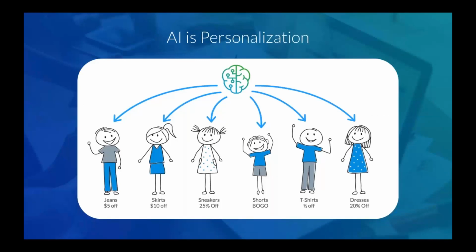AI is personalization, and personalization is the idea that each and every one of us is unique, not only with our own style, but with our own buying cycles, our preferred communication methods, promotional preferences, and of course, spending habits. So we like to celebrate our individuality and do appreciate the recognition of our uniqueness.